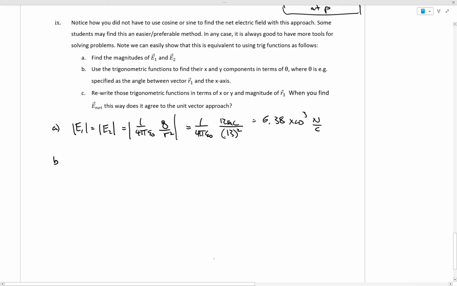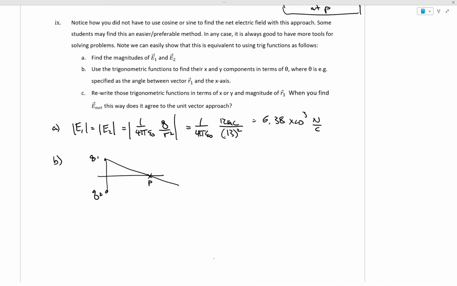Second part, we need to use our trig functions to find the x and y components in terms of theta. So actually, let me sketch this again. So we had Q1, Q2, this point P. So we've got to kind of suss out what the functions would be. Here, this will be sufficient.